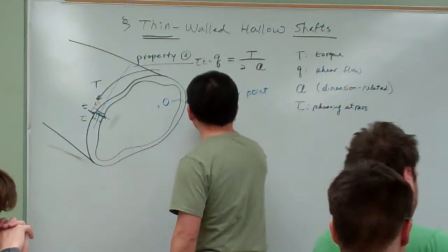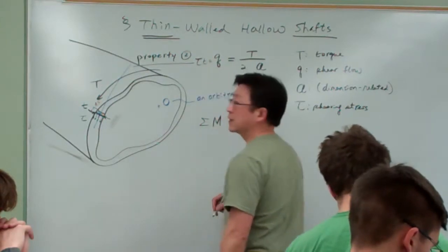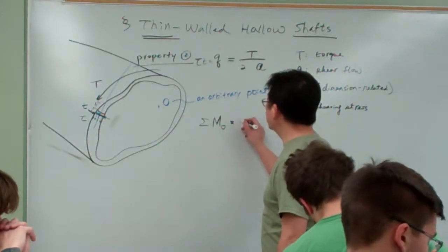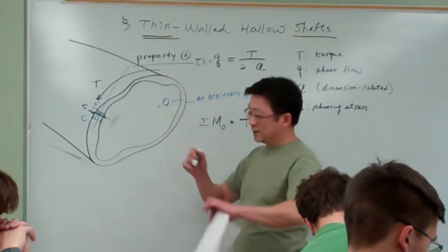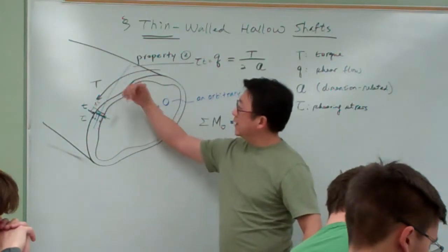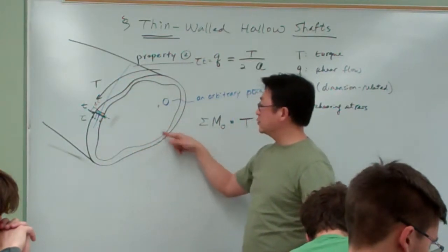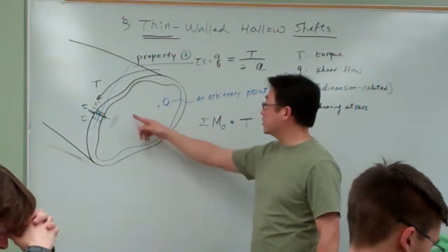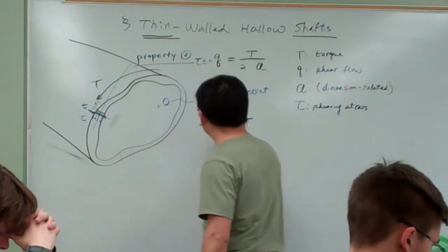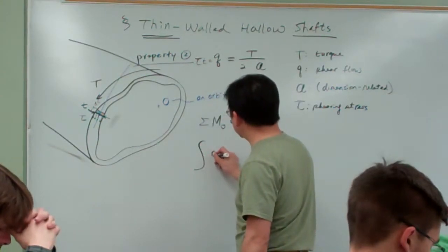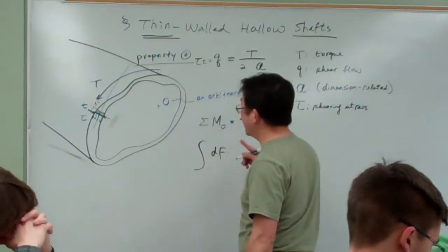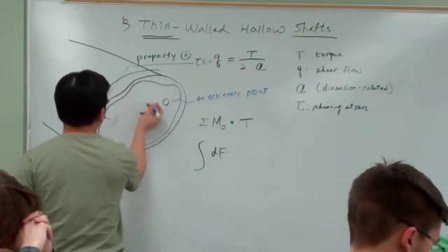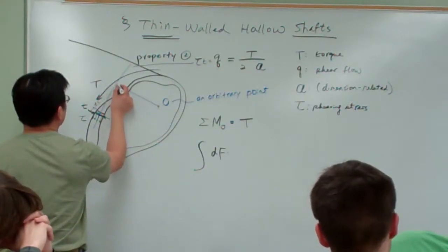So right now what I want to do is I take the moment about the O must be equal to T. The torque is given, and then that torque will produce the certain shear stress, and the shear stress must be in total in equilibrium with the torque here. And that means the integration is this, the small force multiplied with certain distance. What is the distance? Yes.